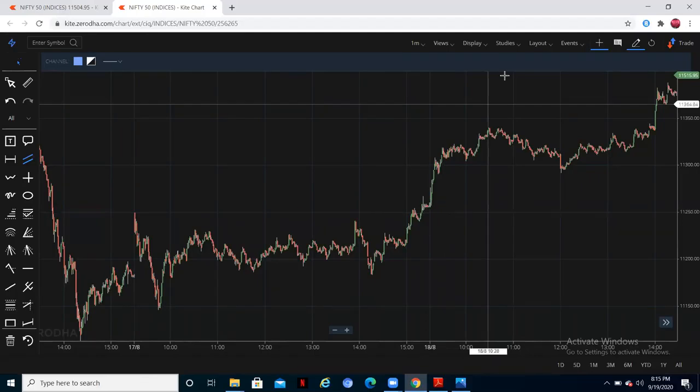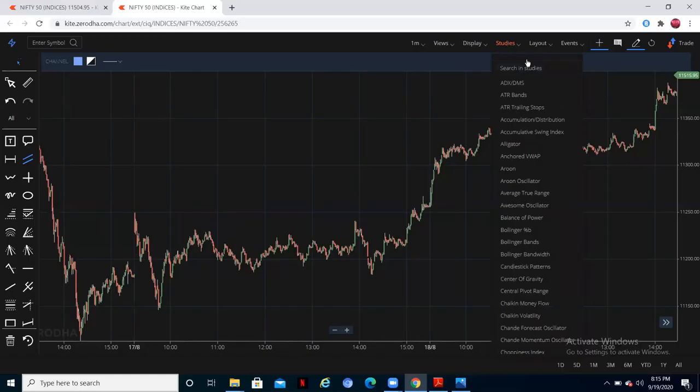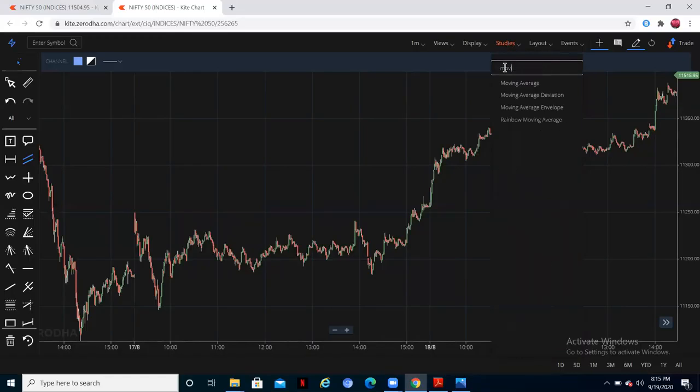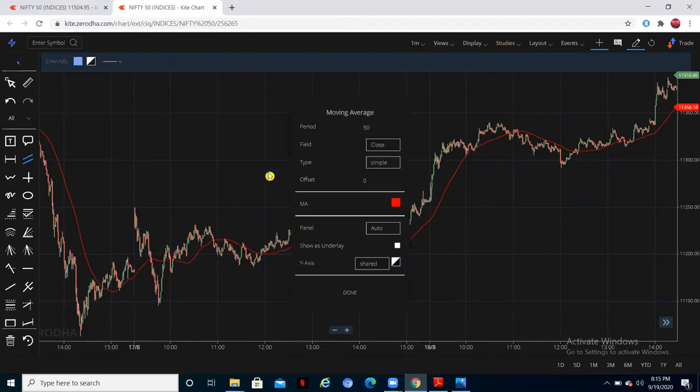So that is the reason we are going to use some indicators, so that at least we can calculate a minimum profit, book the maximum profit, and calculate the risk. For that we will be using some indicators, and the first one is known as a moving average, which is a very common and very simple indicator.